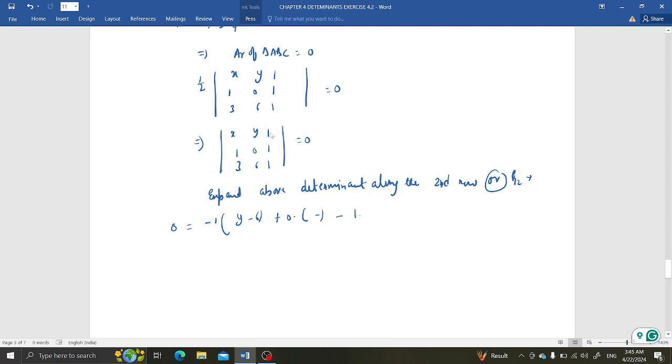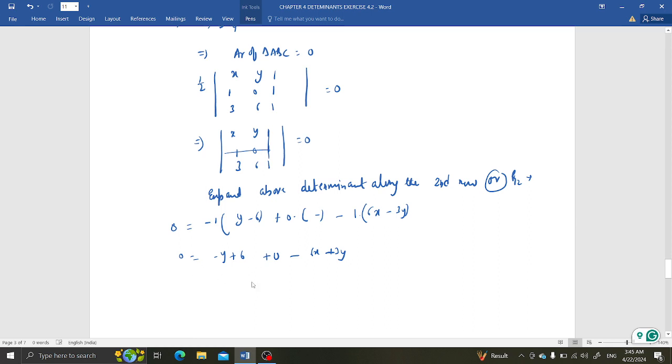And here I'll expand along this one, so what we get is 1 into 6x minus 3y. Now 0 equals minus y plus 6 plus 0 minus 6x plus 3y.